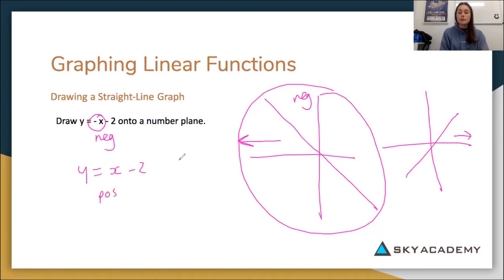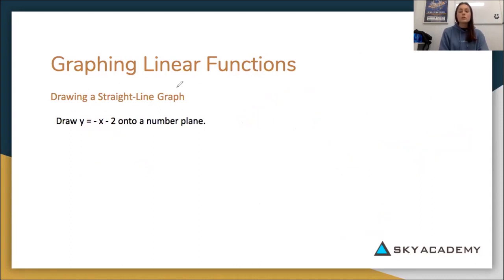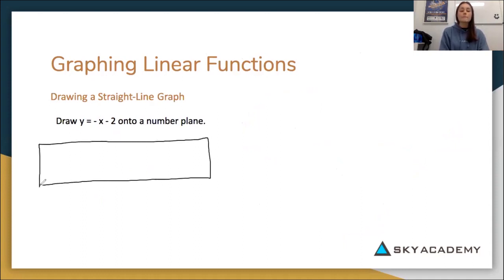So let's have a go at drawing this graph. Our first step, as always, is to draw a table of values. So we have x and then y. We can choose our x values because they didn't specify. So I'm going to do -2, -1, 0, 1, 2. And now we can sub in and get the values for y.